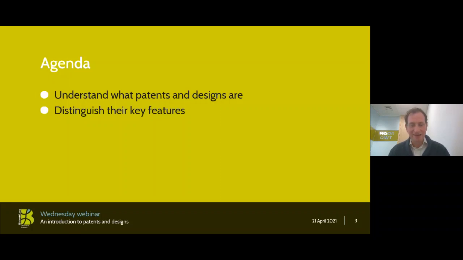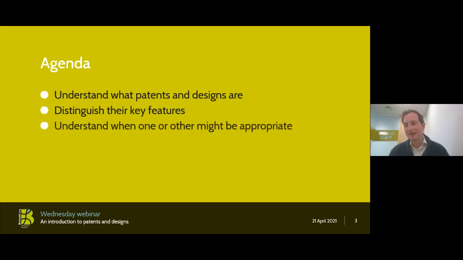In doing that, we're going to look at the key features of a patent application or a design registration. And then finally, we're going to understand whether one or the other might be appropriate, or whether more than one might be appropriate.